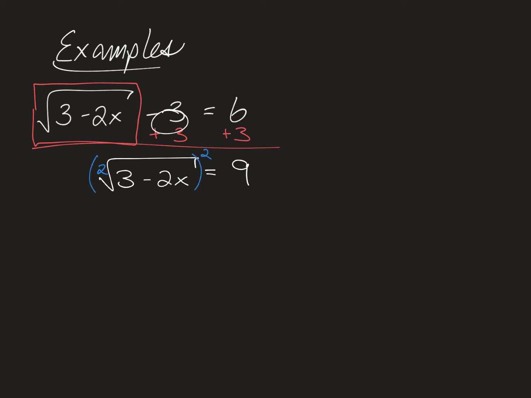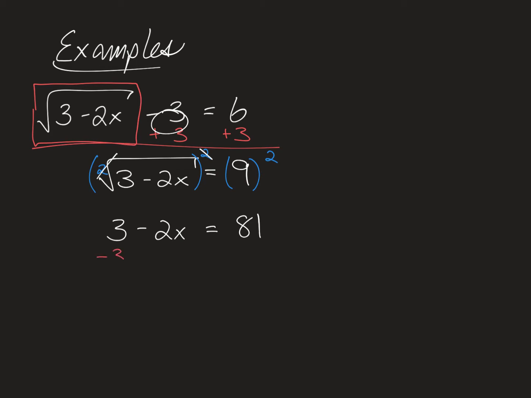So we will square both sides here to get the new resulting equation that will reduce with the square root. 3 minus 2x equals 9 squared on the right side, which is 81. You can see that the resulting equation is linear, which means you can use normal linear solving techniques to solve for the target variable, in this case, x.